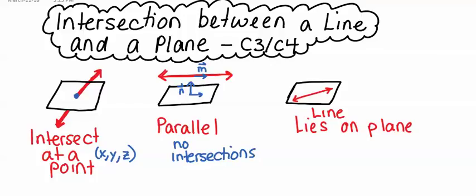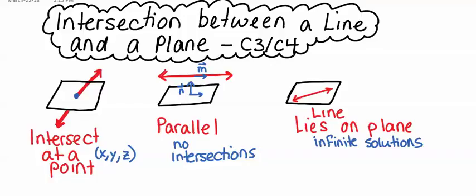Or the third case is the line lies directly on the plane, so there's an infinite number of intersection points. Infinite solutions. Okay, so those are the three possibilities.